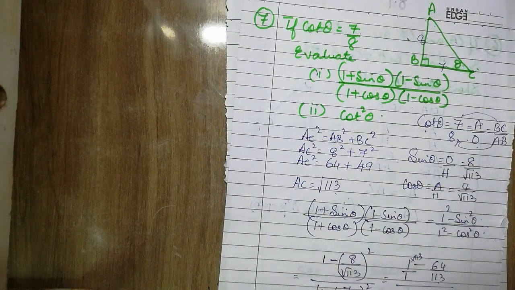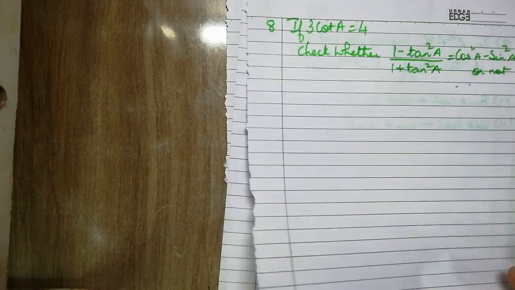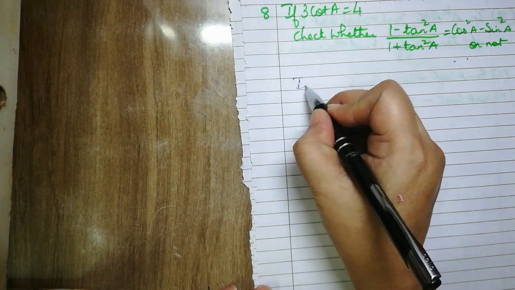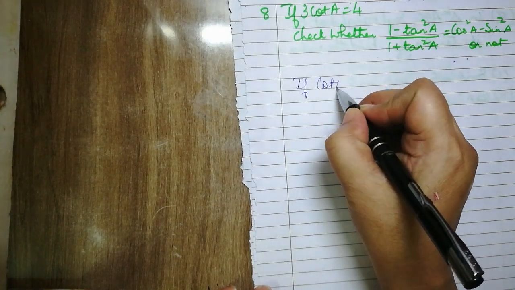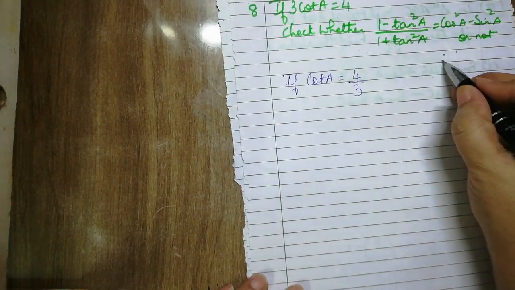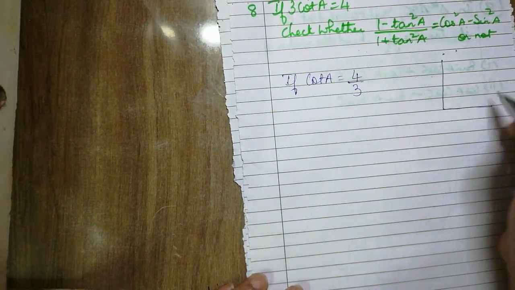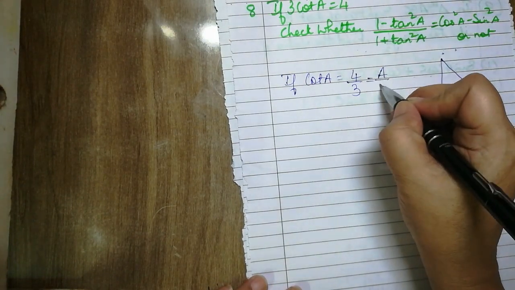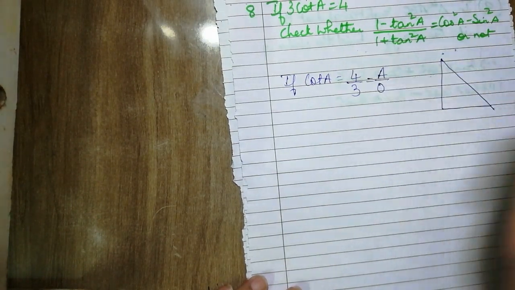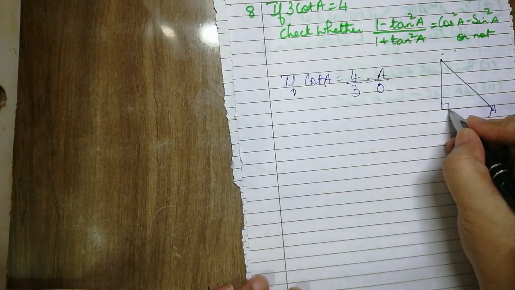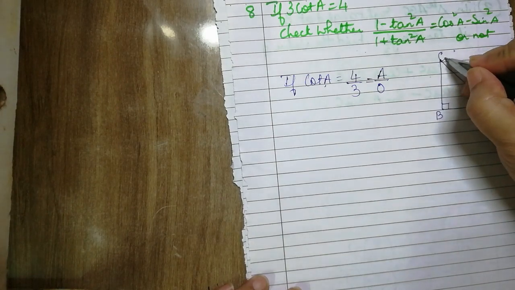eighth sum. Here it is again similar. If cot A equal to 4 by 3, then we need one right triangle. Cot is adjacent by opposite side. So for A, we are referring to this angle A. I'll take A here, B, and then C here.